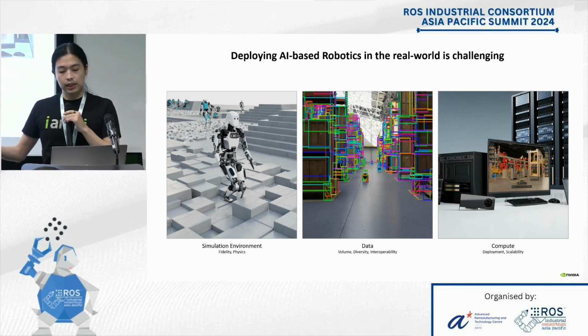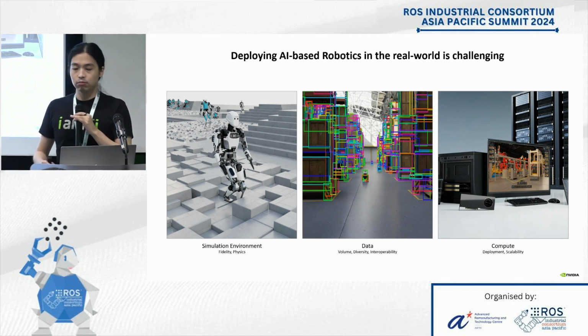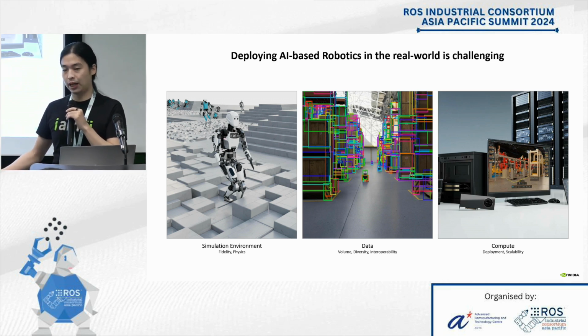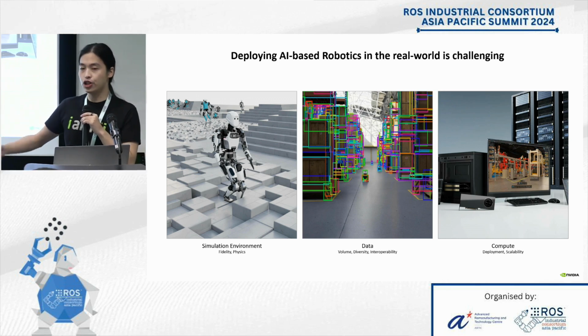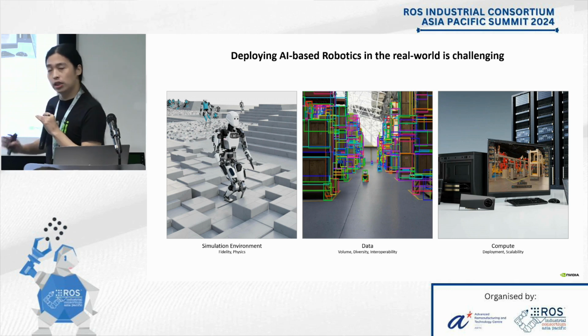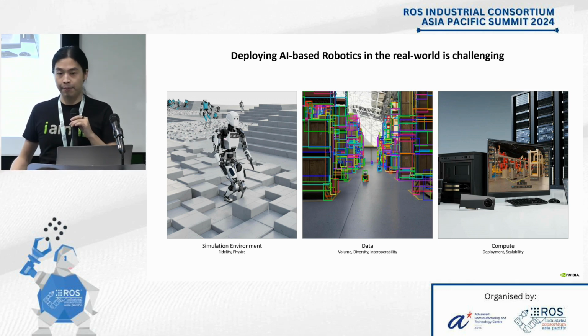And all this simulated environment and virtual data is not exactly the same as what we see in reality, right? Yes, we have those advanced simulation agents, physics agents, rendering agents, but it's just not the same. In reality, anything can happen.